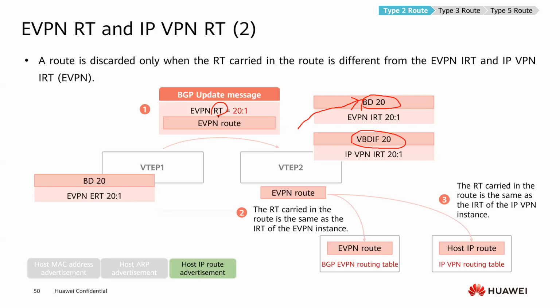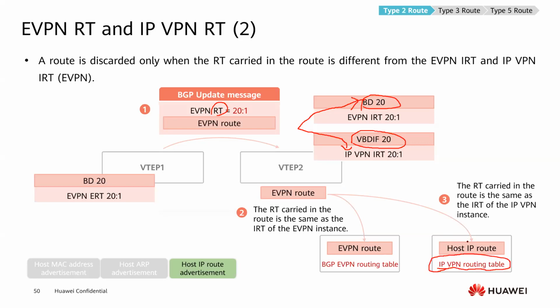And if the RT value is also equal to some IP VPN instance import RT value configured in the VPN instance, and the VPN instance is already bound to some VBDIF, then it will parse the IRB information. What is IRB information? It means the host route. Then it will install the route into the IP VPN instance routing table.